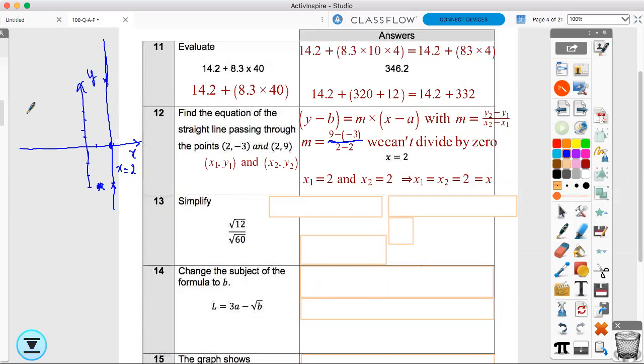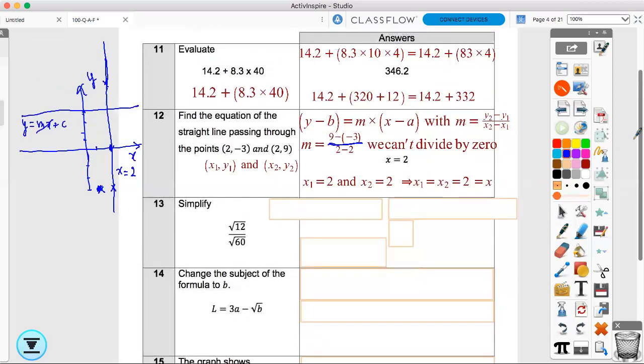Whereas if you had a horizontal line, it would be y equal the number there, whatever number you're cutting there, the c. Horizontal line m equals 0. Vertical line m is undefined, but x is always the same value.